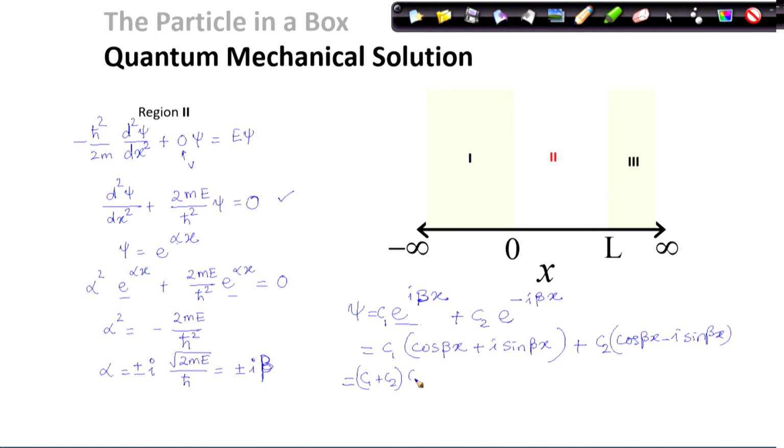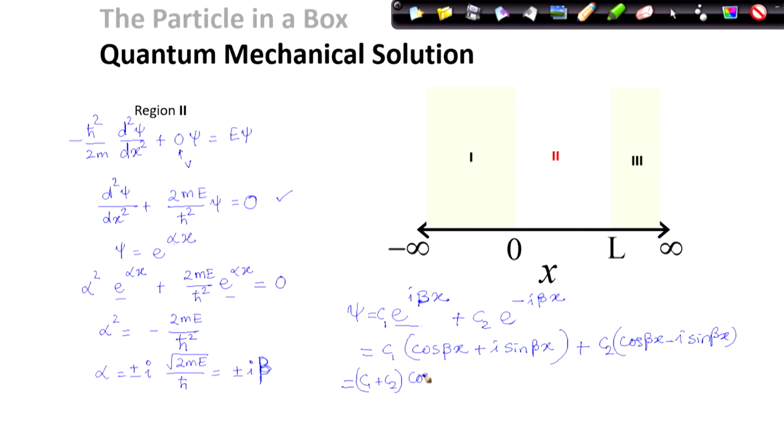I can take the real quantities and the imaginary quantities separately. So, I have C 1 plus C 2 times cosine beta x plus i times C 1 minus C 2 times sine beta x. I have got two new constants, C 1 plus C 2 and C 1 minus C 2. So, I will rewrite this as A cos beta x plus B sine beta x.